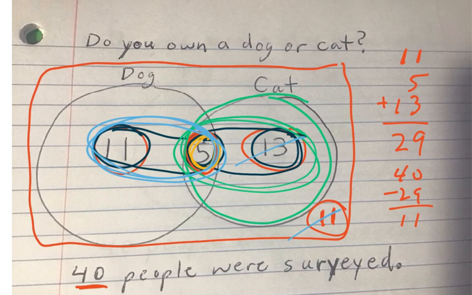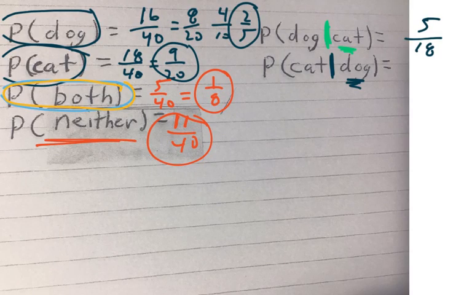We know that there's a total of 16 that own a dog. Out of those, 5 out of those 16 have a cat. So that's why the final answer here is 5 out of 16. Neither of these can be reduced, but maybe you have to reduce them on the quiz tomorrow because the numbers will be different, but the questions will be the same.